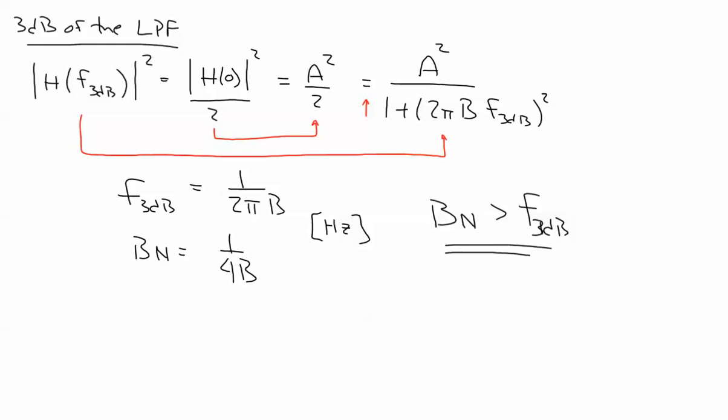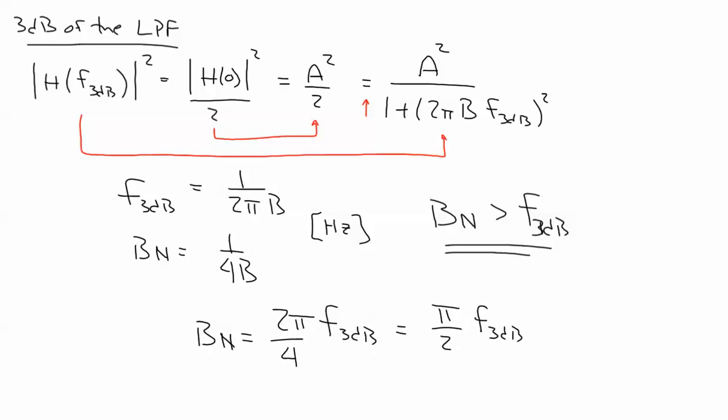Another way I can rearrange this a little bit, I can say that my noise equivalent bandwidth is 2 pi over 4 times f3 dB, or pi over 2 times my 3 dB frequency.